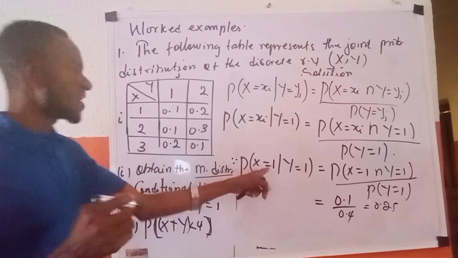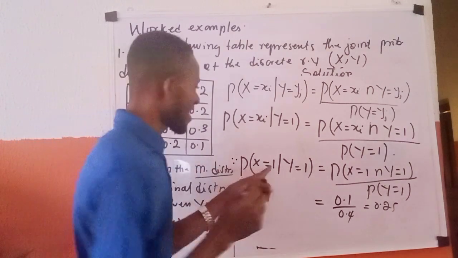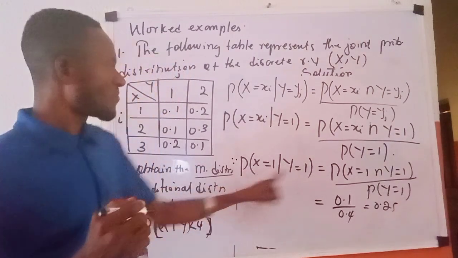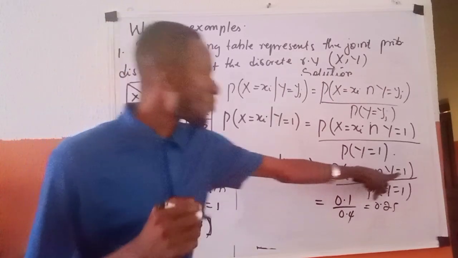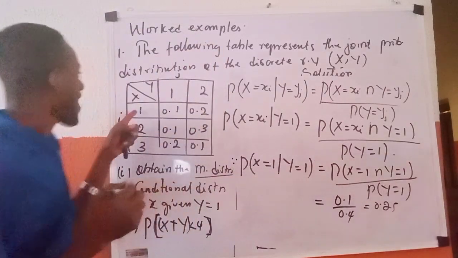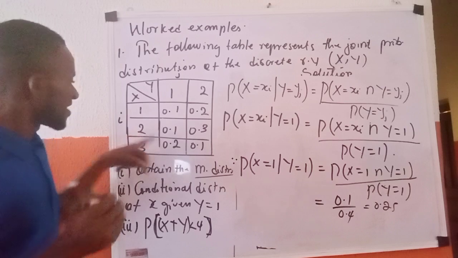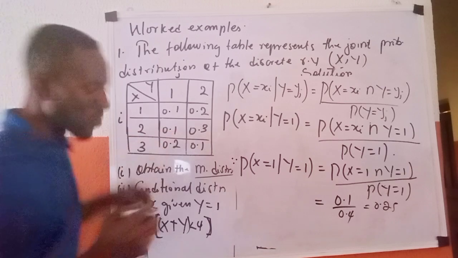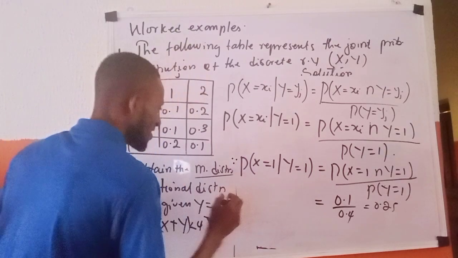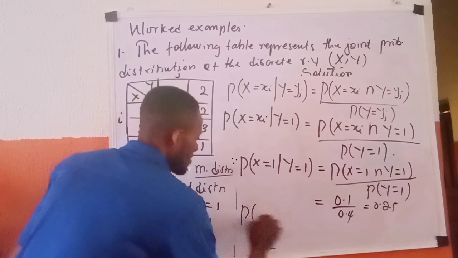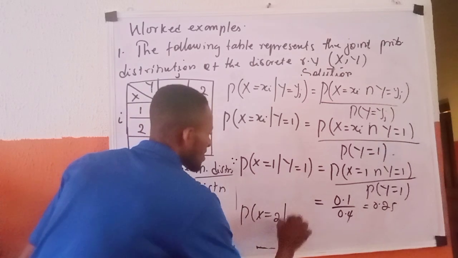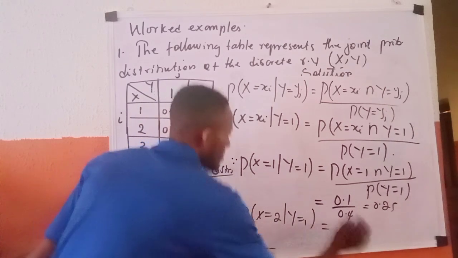So when you want to do it now for X equals 2, when X equals 2 and Y equals 1, you come here. Now we are talking about X equals 2. So it is going to be P of X equals 2, given that Y equals 1.